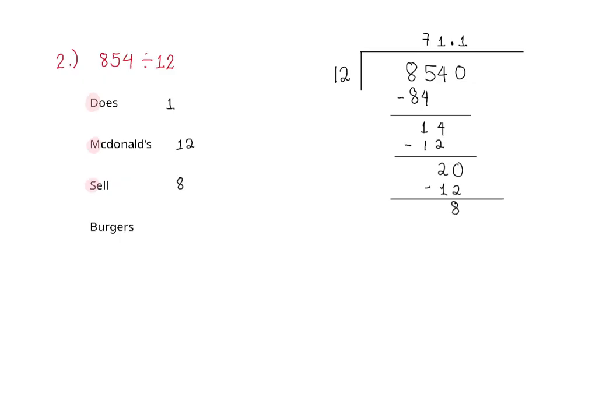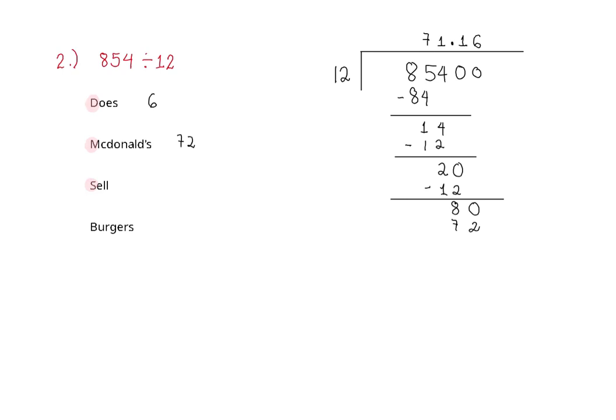Bring down another 0, making it 80. Repeat the process again. Divide 80 by 12, which equals 6. Write 6 next to the 1 after the decimal point. Next, multiply 6 and 12, which equals 72.